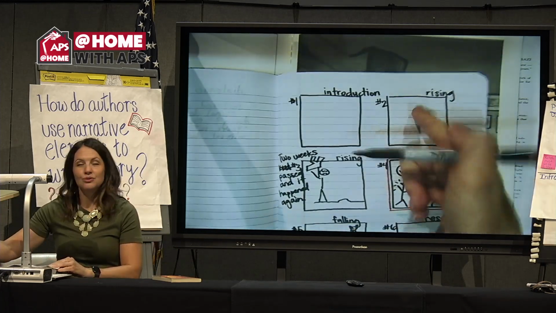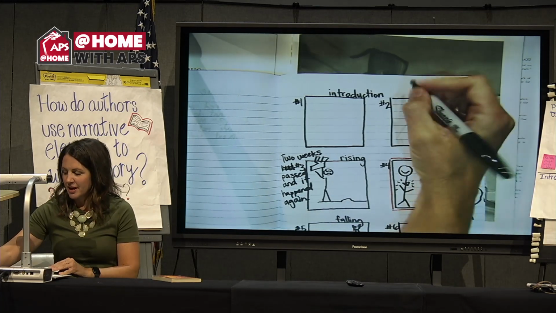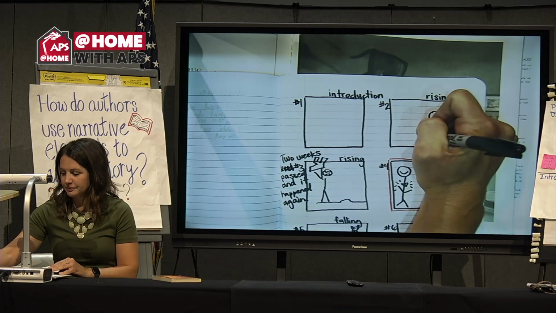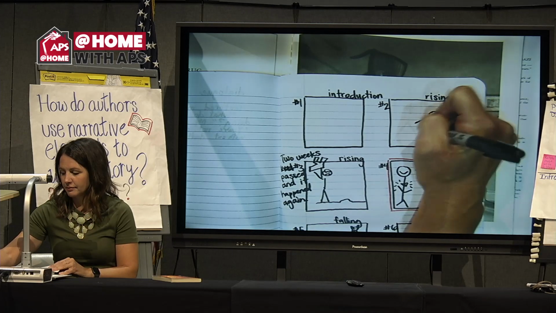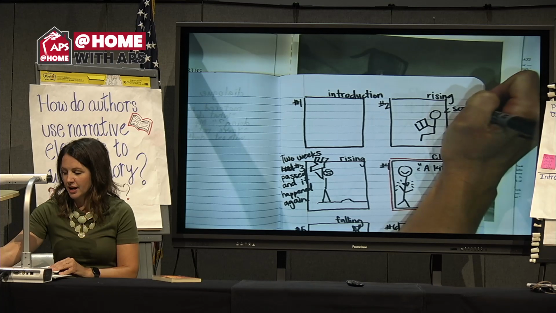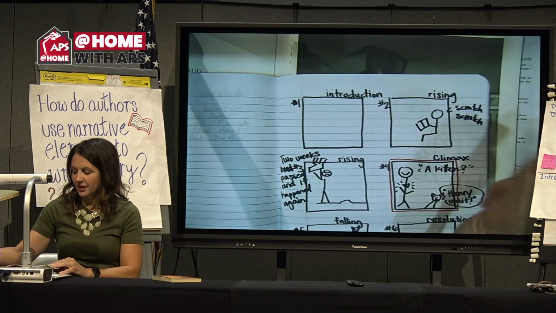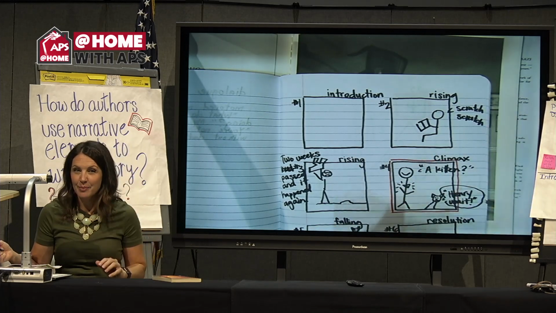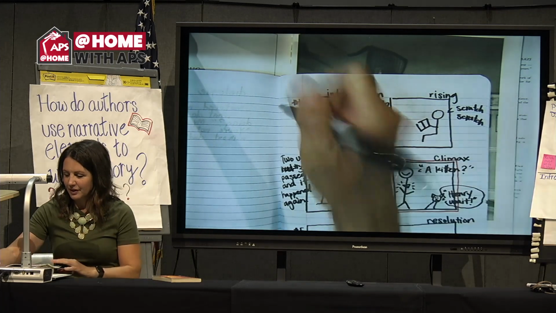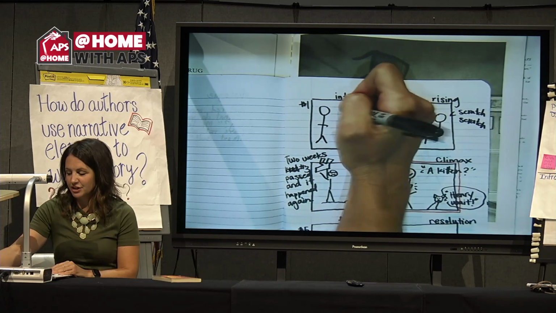So I need to build a little bit before that. Maybe Henry's reading a book and he hears something. Scratch, scratch. Then 2 weeks later, it happens again. For my introduction, I'm going to introduce my character, Henry.